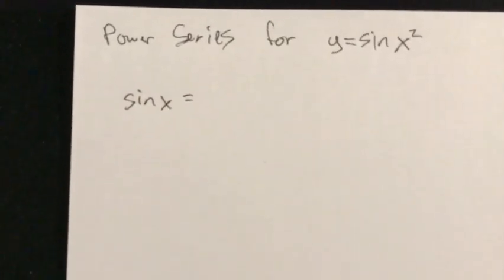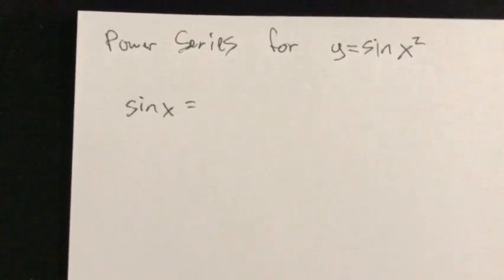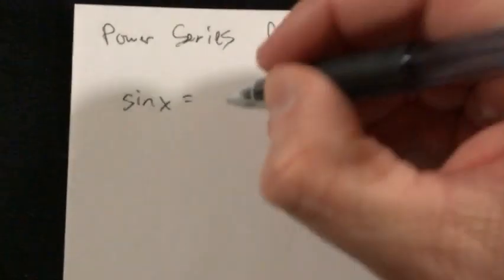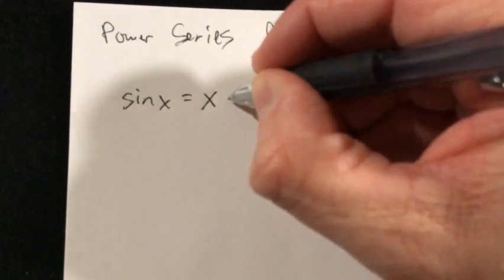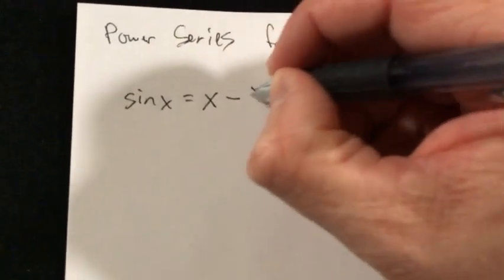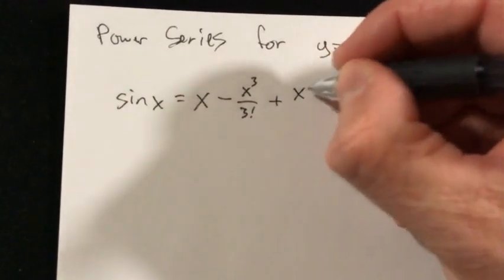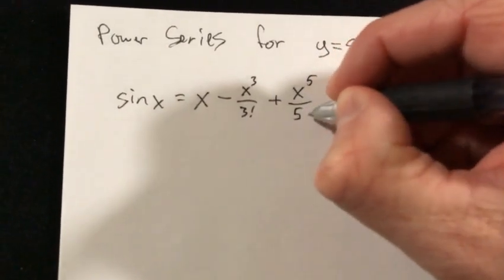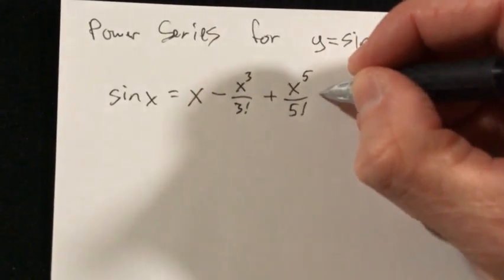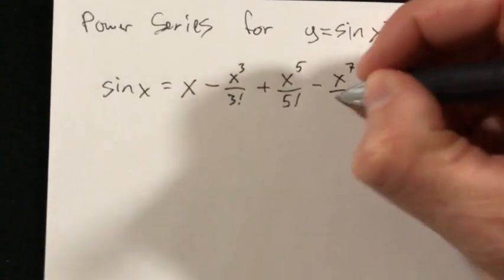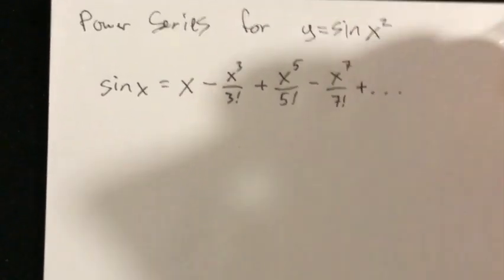I'll have that alternating behavior that we'll see from sine and cosine. And sine must start with x. The first term's positive, so the next one must be negative. We're going up by odd powers, and at this point I do remember what it looks like. X to the 5th over 5 factorial, x to the 7th over 7 factorial, etc., etc.